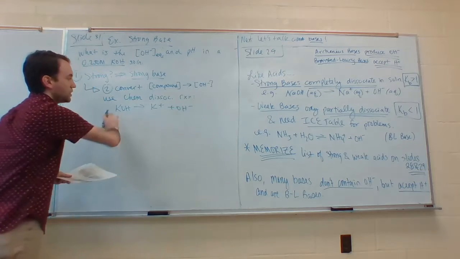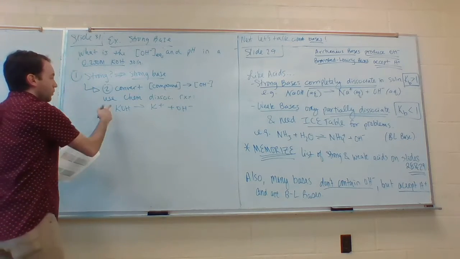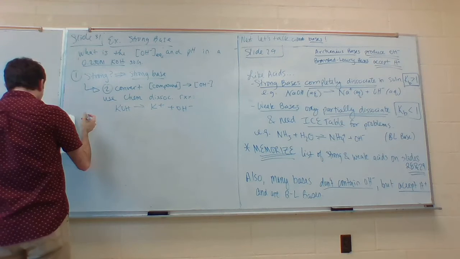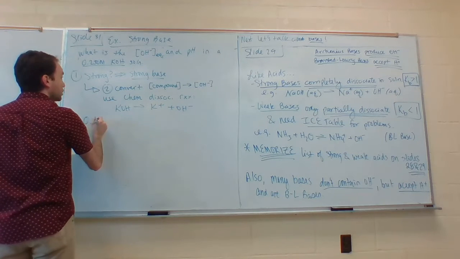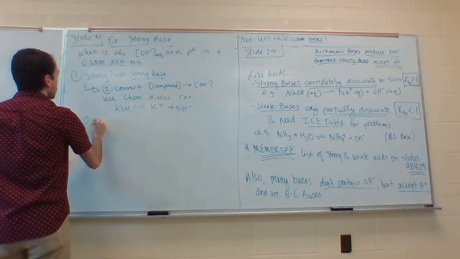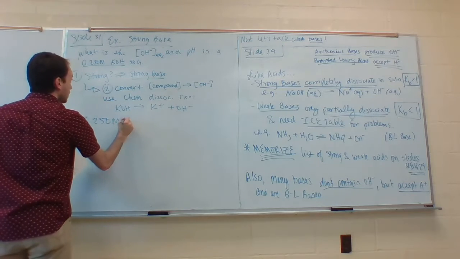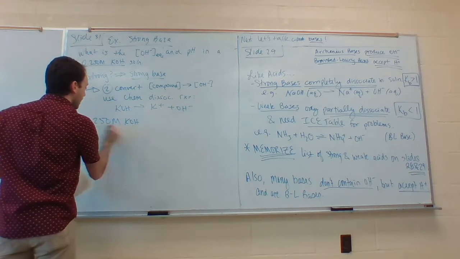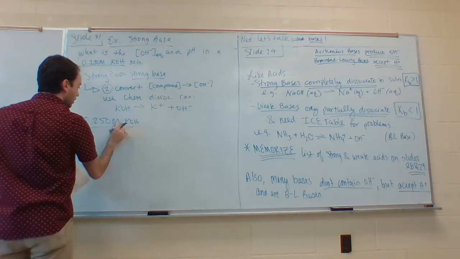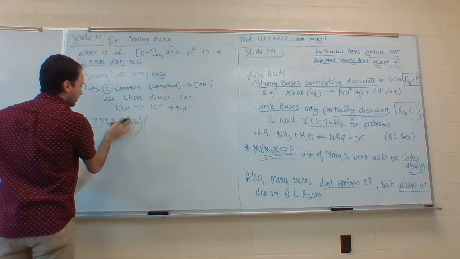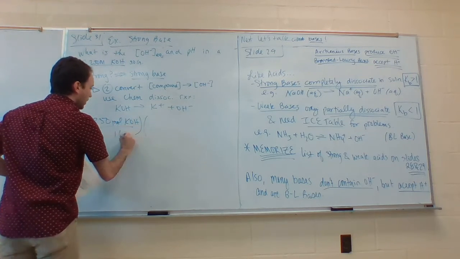The strong base, so it's going to completely dissociate. We know we have a 1 mole to 1 mole ratio, right? So we're going to take our concentration 0.250 molar potassium hydroxide, which is moles per 1 liter, right?